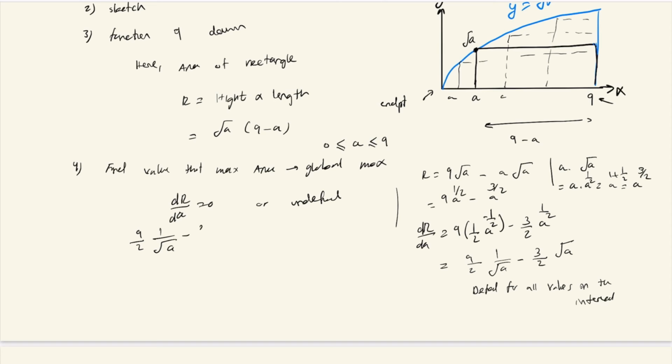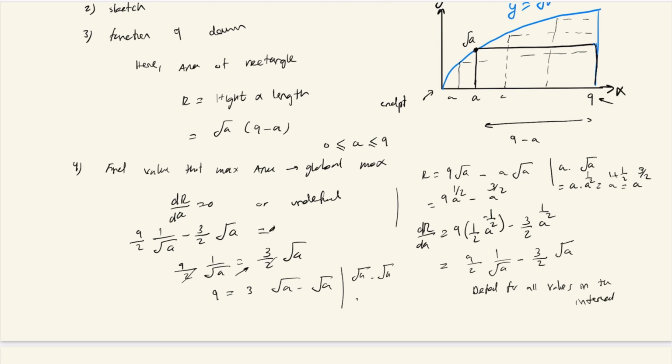So now we move to where the first derivative is equal to 0. Now we solve for a in this equation. I'm going to move the second term to the other side. And again, I'm going to multiply both sides by 2. And then I'm going to move the square root of a to the other side by multiplying. Here, on the left side, we have square root of a multiplied by square root of a.